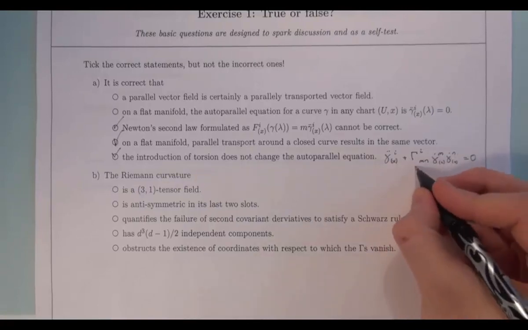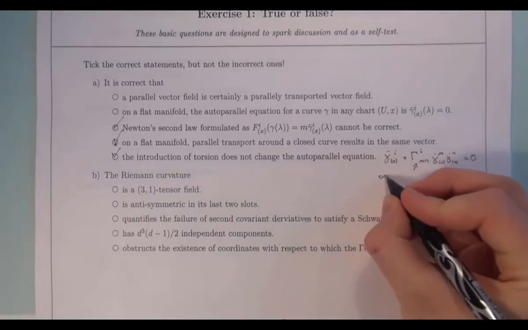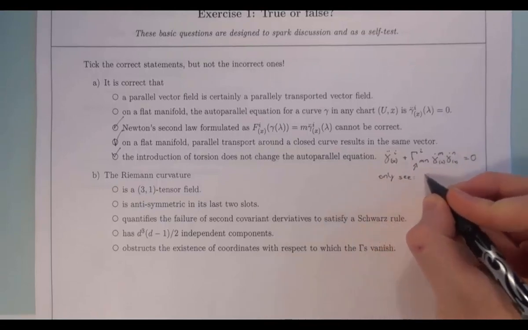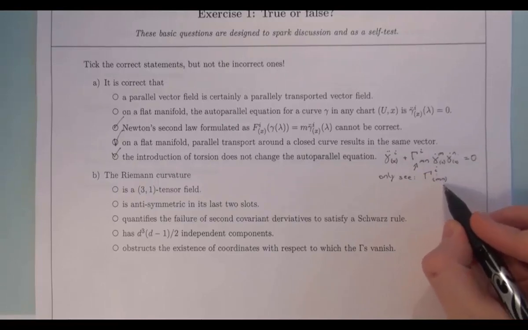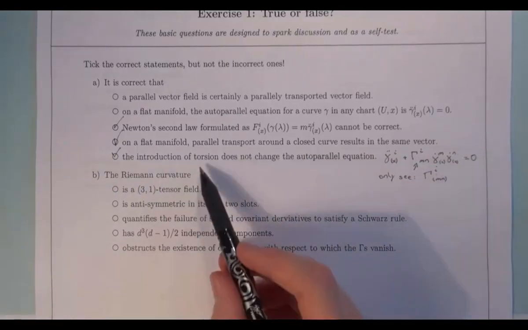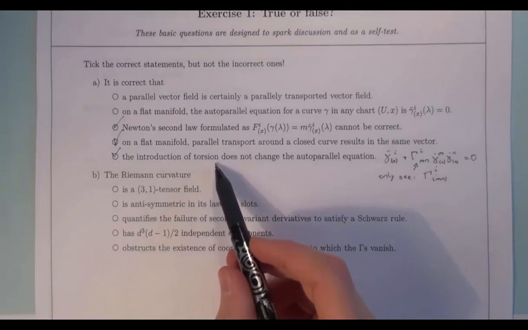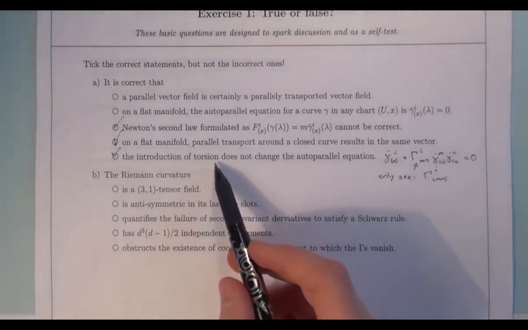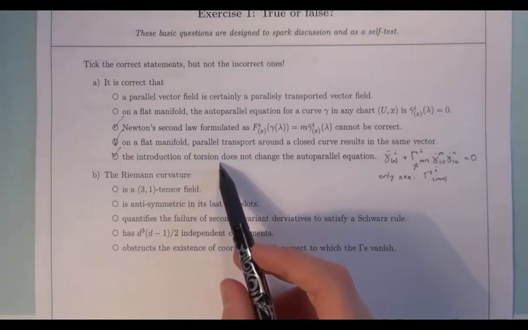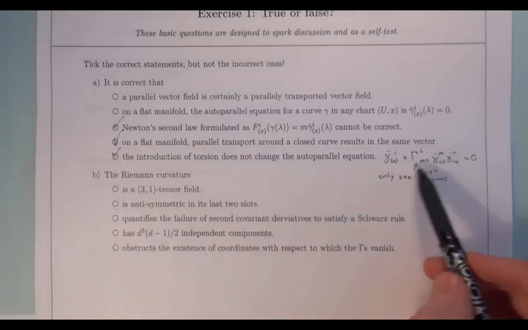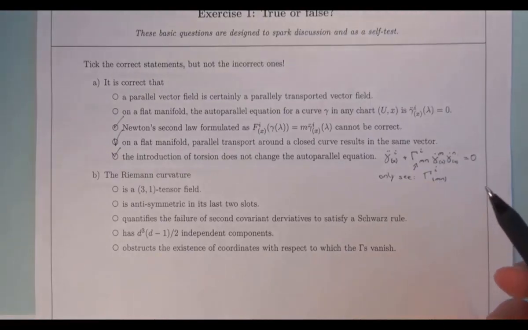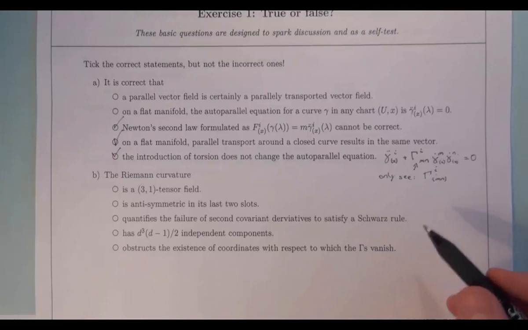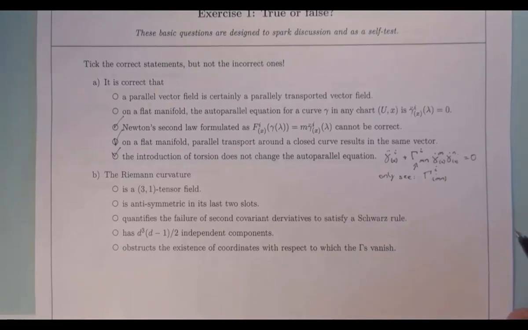So here we only see the symmetric part of Gamma^i_mn, and the introduction of torsion would mean that we get an antisymmetric part into the gammas. However, the autoparallel equation only sees the symmetric part and doesn't take care of the antisymmetric one. So the introduction of torsion changes nothing. So the statement is correct.